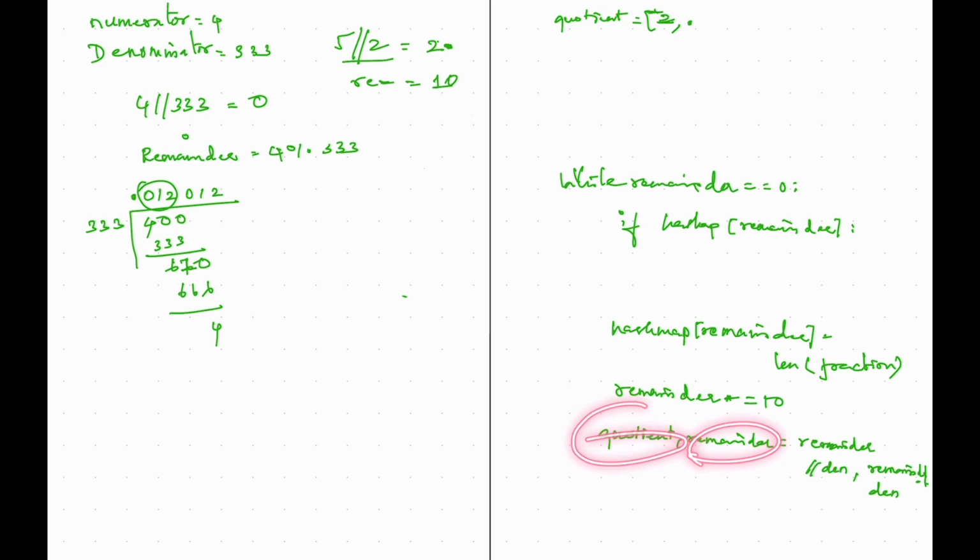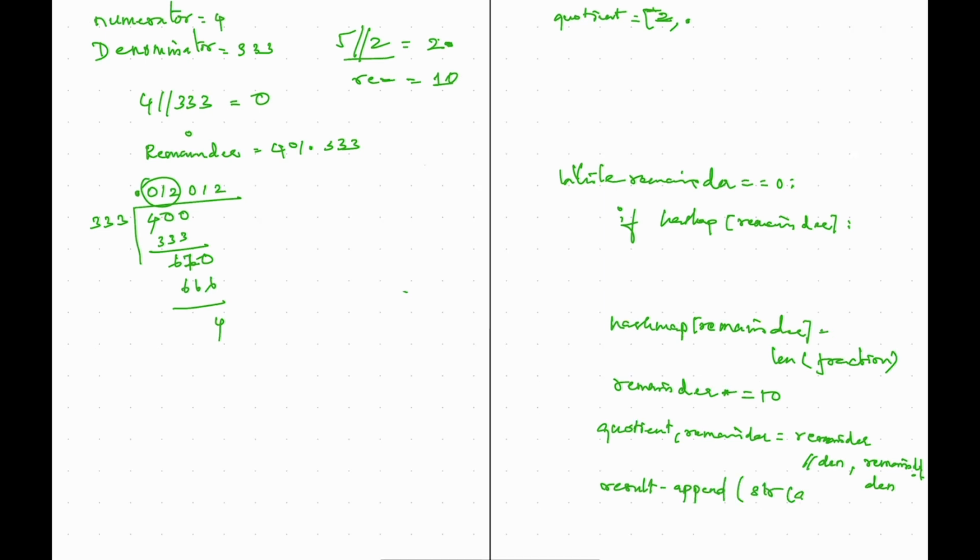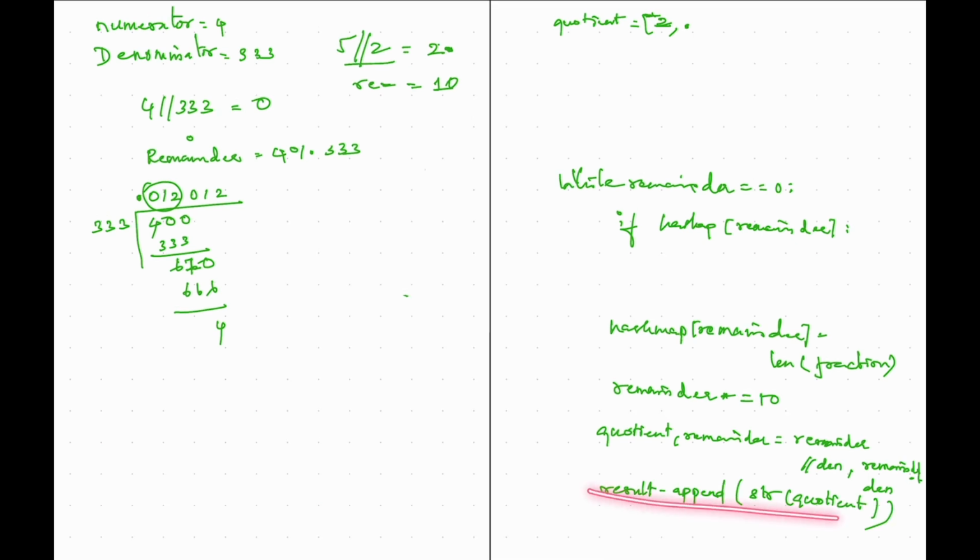By this we get the next quotient and remainder. The quotient you should update in the result array: result dot append str of quotient. Now we got 10.